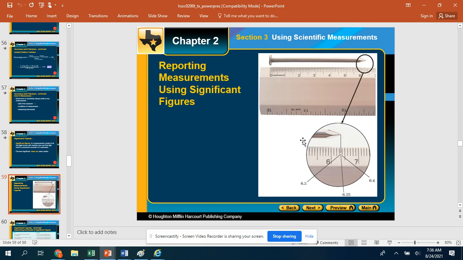So for instance, if we had a ruler and I showed this measurement as 6.35, well, 6.3 is definite because I have a 6 hash mark and I've got 3 hash marks, but the 0.05 is an estimated digit. So this has 3 significant figures, and it is showing that my ruler is accurate to 2 decimal places. So that is the purpose of significant figures.